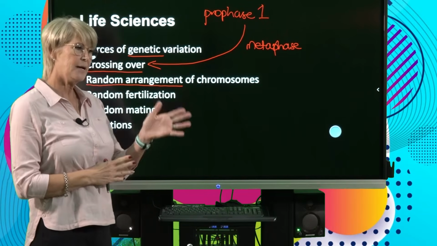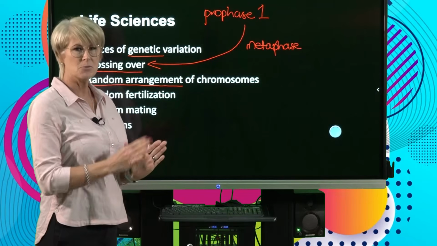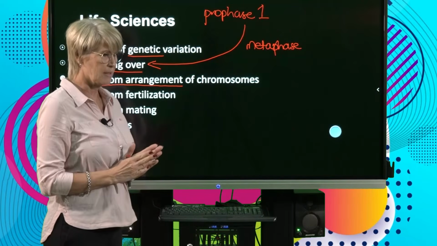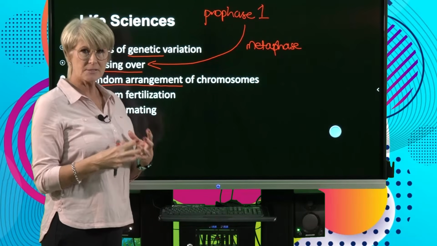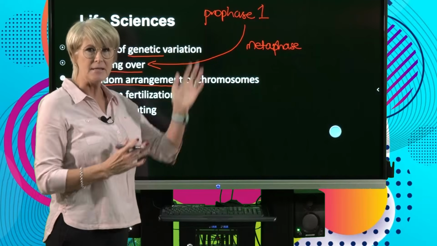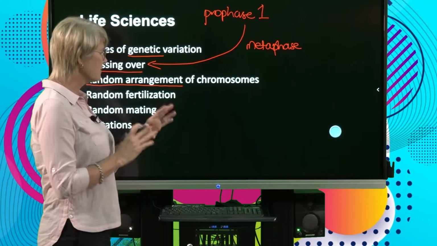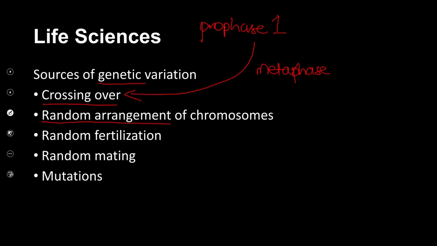We don't have to have all the maternal chromosomes on one side and the paternal on the other. It's just random. Every single time that meiosis takes place, those chromosomes would randomly line up, so there's never the same sequence. That also creates genetic variation.